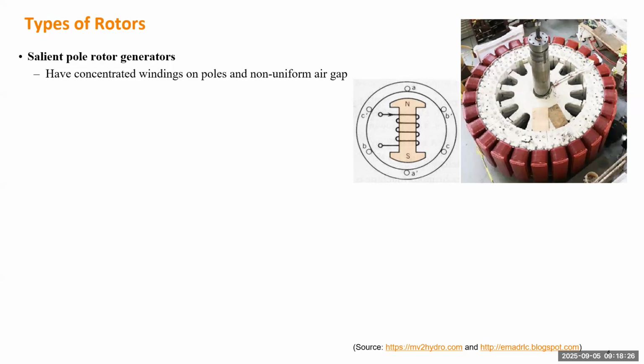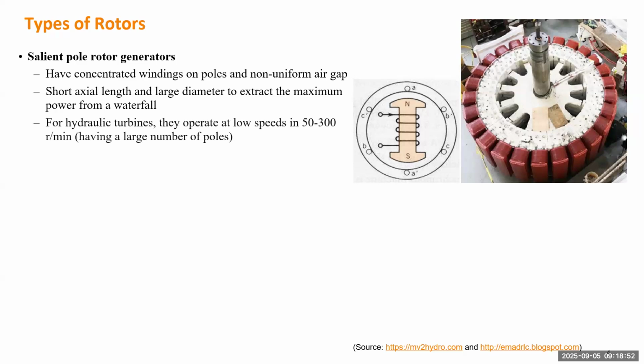So salient pole rotor generators have concentrated windings on poles and a non-uniform air gap. They have a short axial length, which means the dimension along the direction of the axis will be shorter than the diameter, because they usually operate at lower speed.